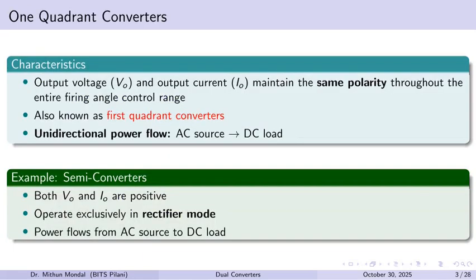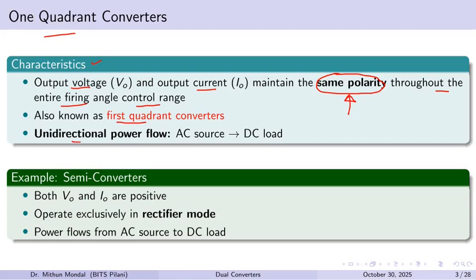We have seen the one quadrant converter. So what is the characteristic of a one quadrant converter? The output voltage and the output current maintain the same polarity throughout the entire firing angle control range. So the voltage and the current will have the same polarity irrespective of the firing angle. This is known as the first quadrant converter.